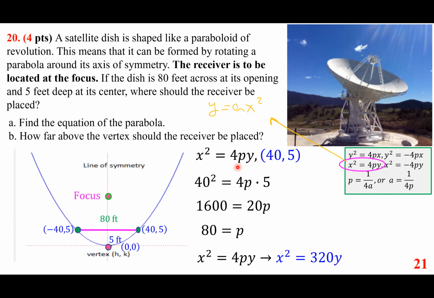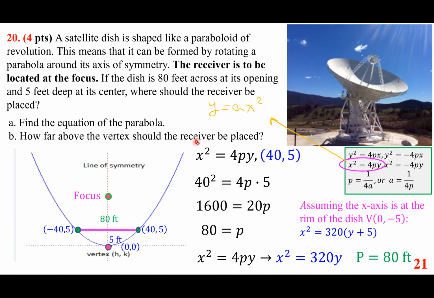The equation x squared equals 4py is x squared equals 321, and then I'm going to put it 80 feet above. So how far above the vertex, that is the answer, regardless.